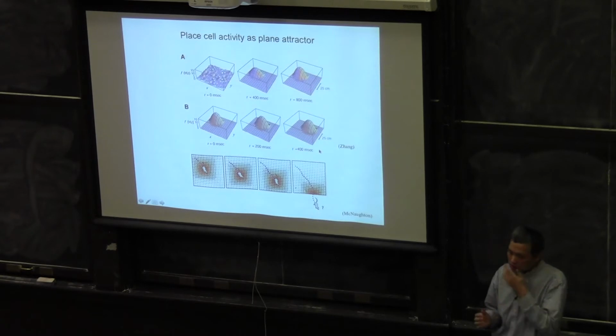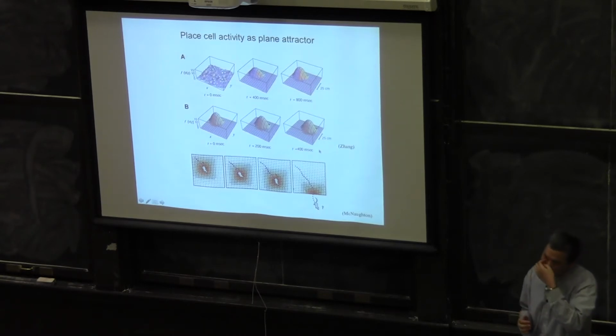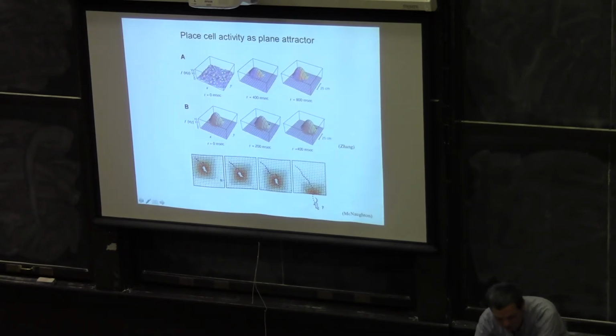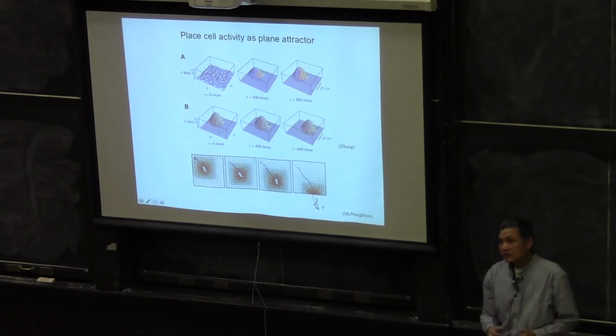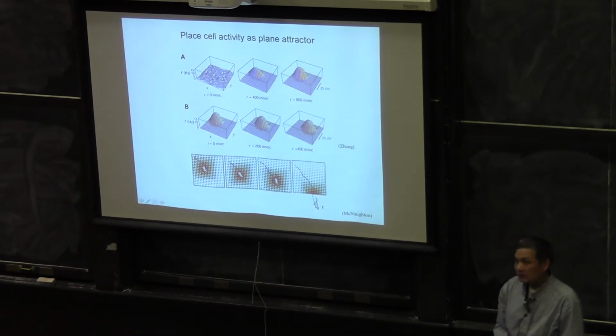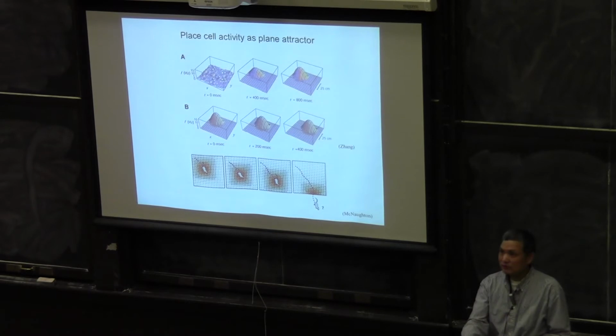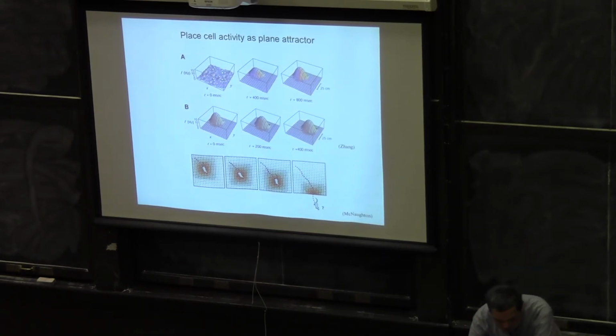So the whole mental picture is like this. Say you have an animal, a rat, running around in a room. Let's imagine you can put all your place cells in the hippocampus on the floor, according to their preferred location, where the place fields appear. If you do it that way, when the animal is here, the cells that like this location will be activated, just by definition and the way I arrange the data.